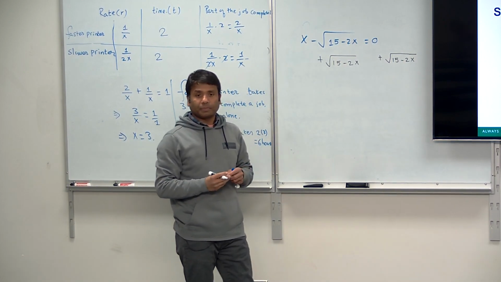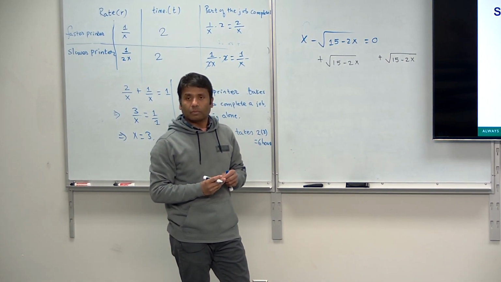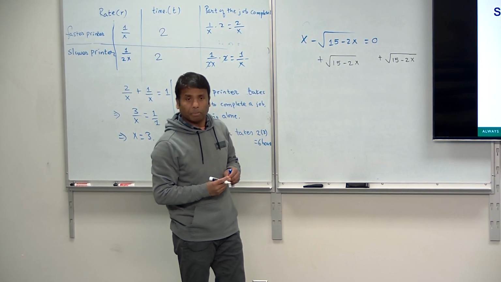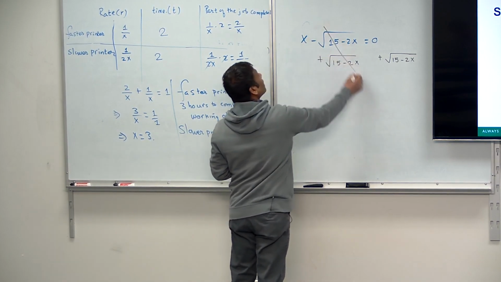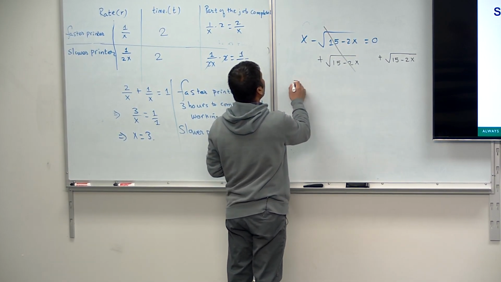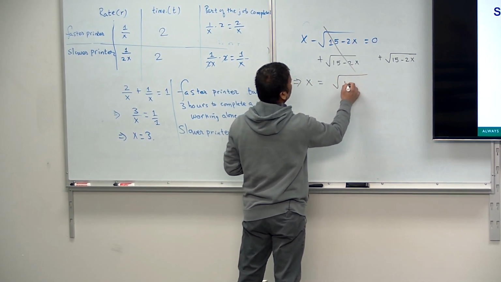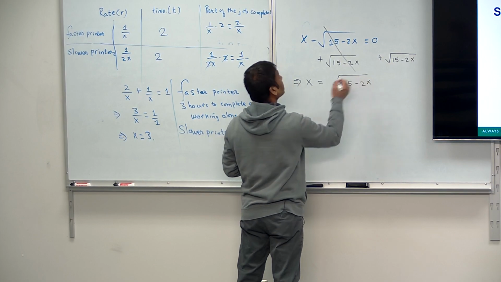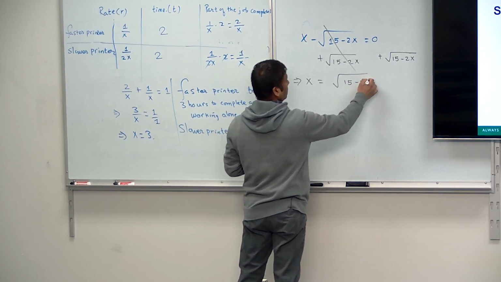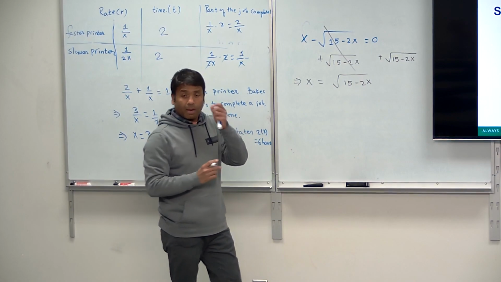Make sense? And then you cross them out. So now that will be x equal to radical 15 minus 2x. You have this, right?